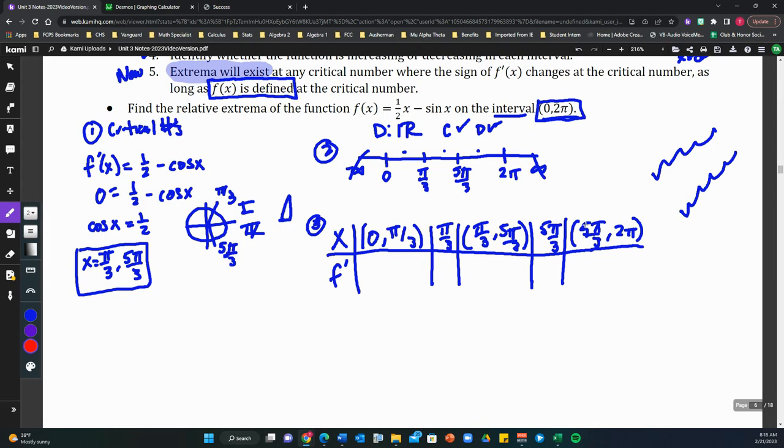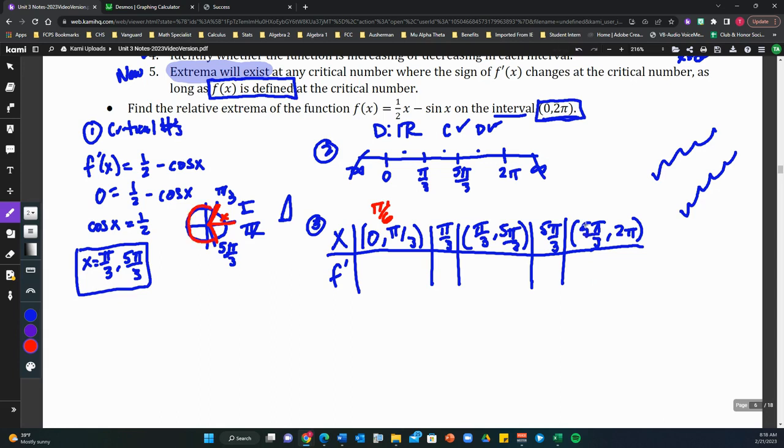So for the first one, 0 to pi over 3, I really only have 2 good choices here. It can't be 0 and it can't be pi over 3. So you guys can pick either one in there. In this case, I'm going to pick pi over 6. Okay, I'll explain why in a minute. So that's my first test angle. Then between pi over 3 and 5 pi over 3, so that would be this big section here.